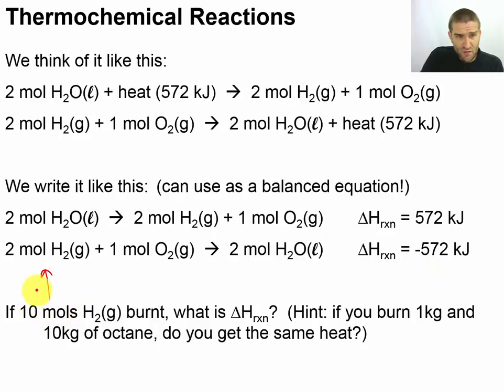So 10 moles, I divide by 2, so I'm going to have 5 times that, running the reaction forward. 5 times that gives me 2860 kilojoules. It's going to have a negative sign telling me that it's exiting the system.